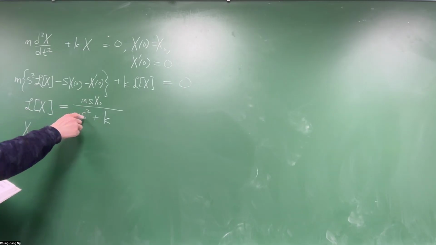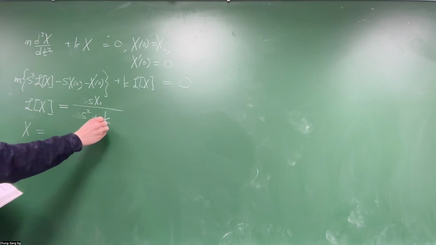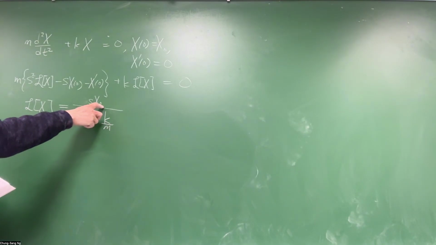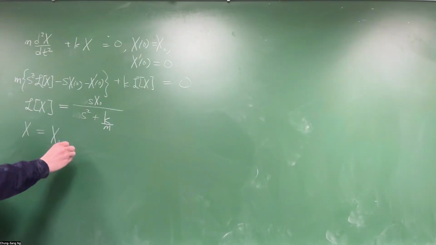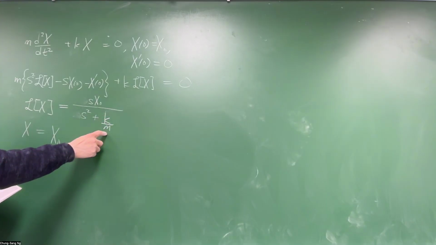You can cancel the m, or divide by m, and it just becomes k over m, right? So the only arbitrary constant is x0 in front, and the rest is the form of item number 8. This will take the k squared in the entry.